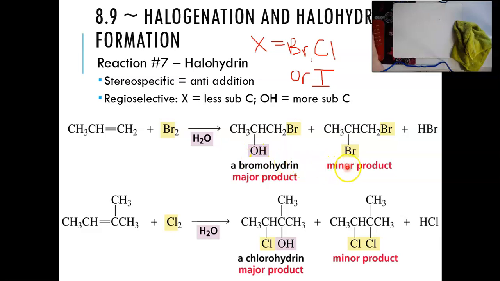Now, as a minor product, we will get the halogen adding to both of those positions, so going through reaction number 6. And then here's the same reaction, but with our chlorine. So here's our 2 carbons, and this would be our less substituted carbon. Here is our more substituted carbon, so our chlorine is adding to that less substituted side, and our alcohol is adding to the more substituted side.